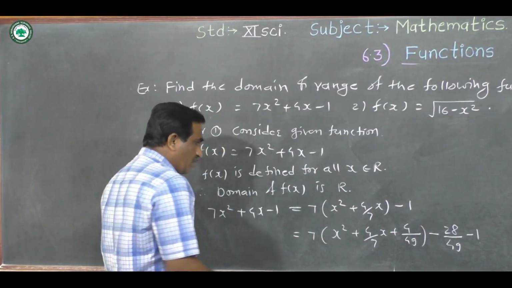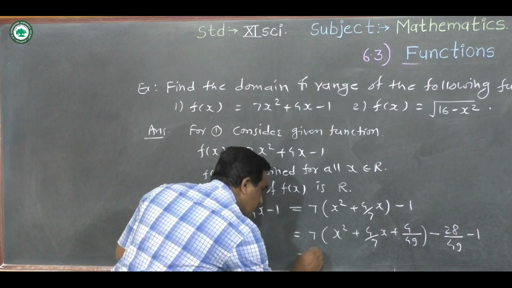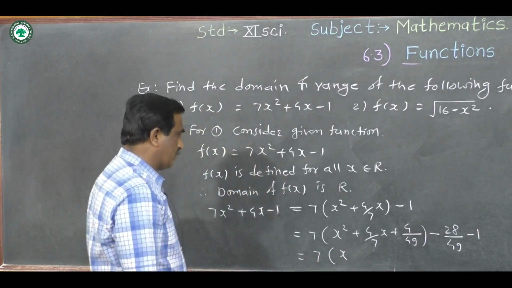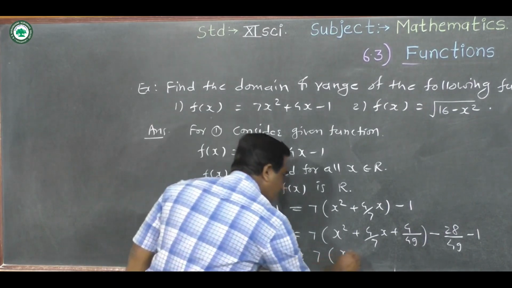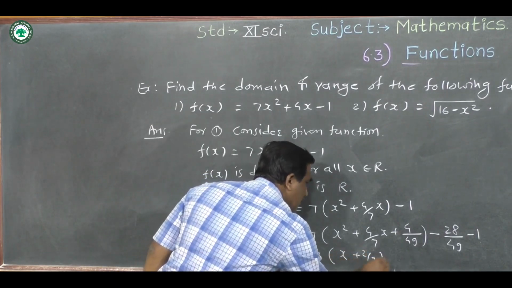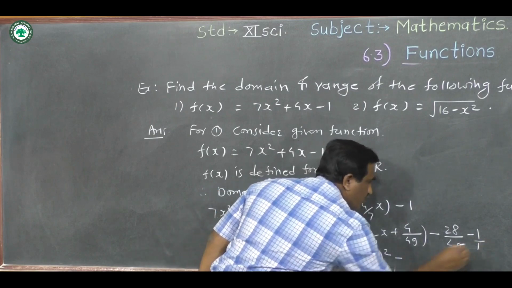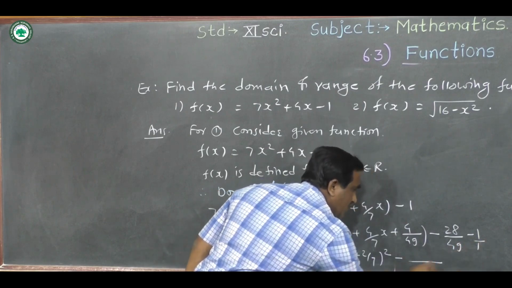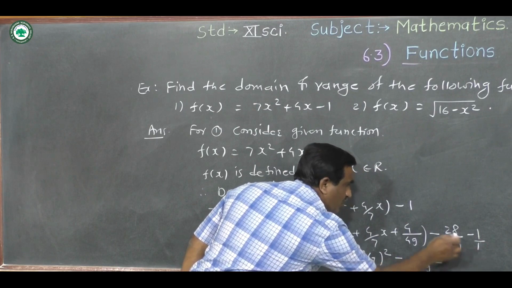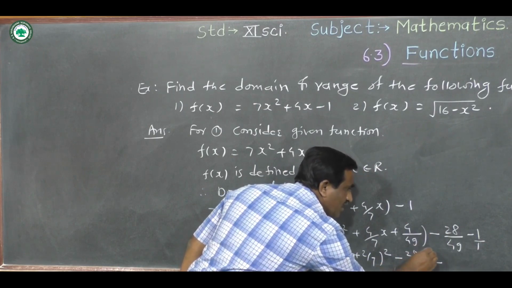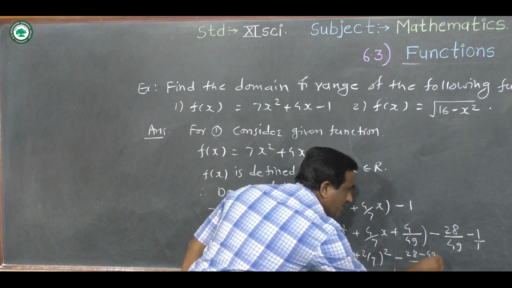Now we can write 7 into in bracket x plus 2 by 7 bracket square minus, take addition of these two terms, product of denominators at denominator, cross multiplication at numerator, 28 plus 49.